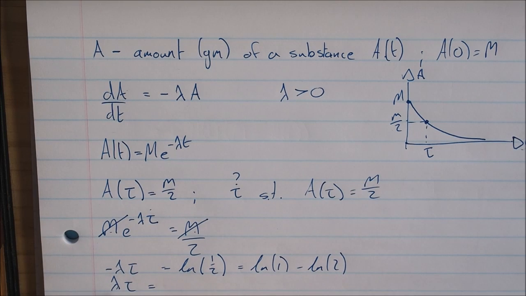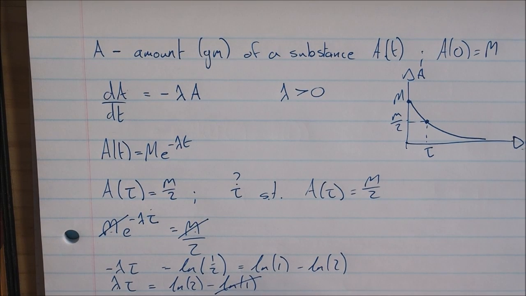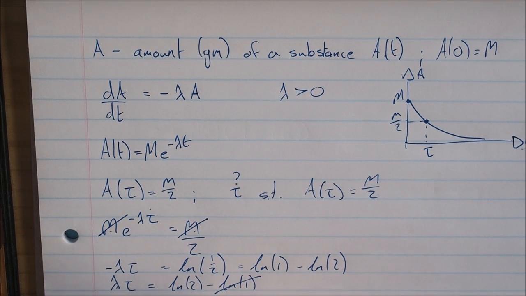So multiplying through by a minus, I get ln of 2 minus ln of 1, and ln of 1 is just 0. And so we want to then solve for tau, and tau is equal to ln 2 on lambda.